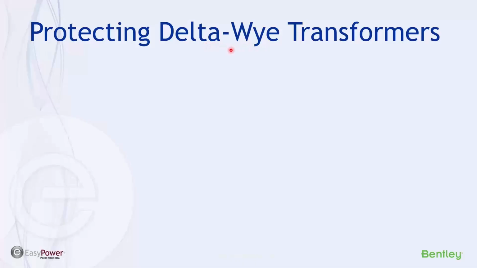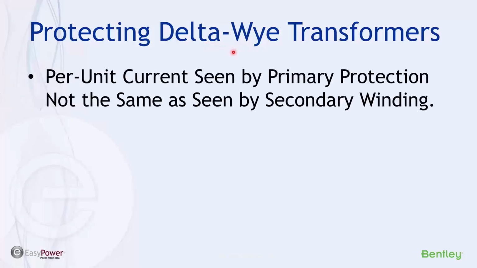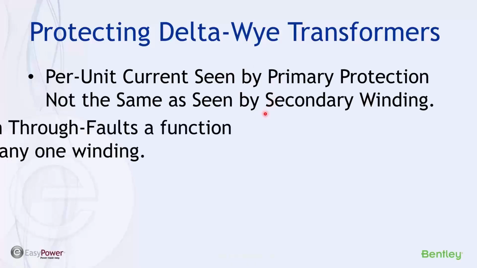Typically, in a delta-wye configuration, the per unit current seen by the primary protection, in other words, phase current protection on the primary, doesn't see something necessarily proportional to the secondary side. So if I have fault current on the secondary side and I'm expecting the primary protection to deal with it, I have to be aware of this non-conventional consideration.